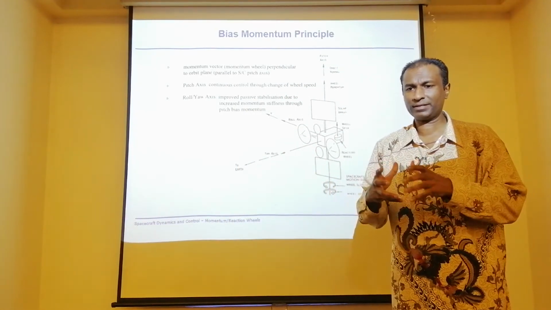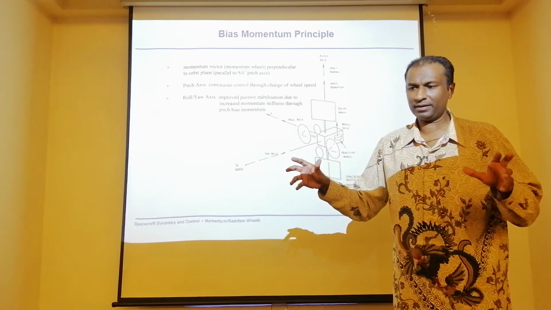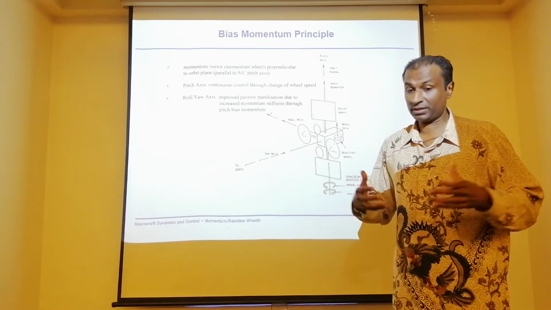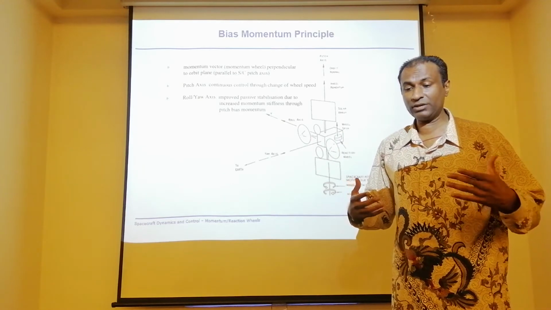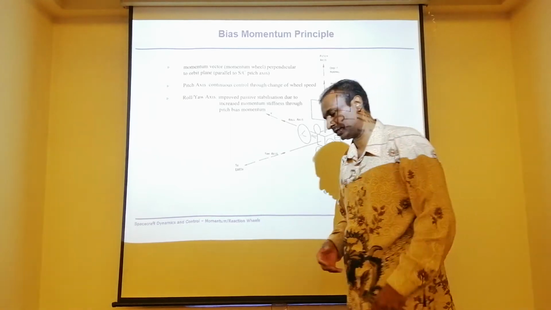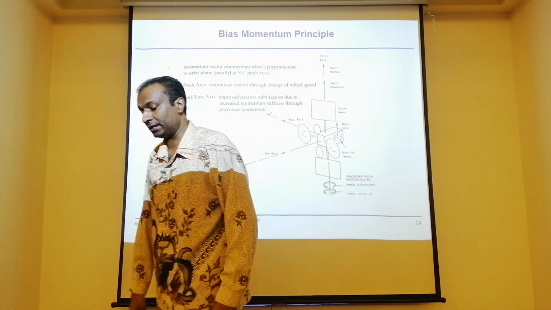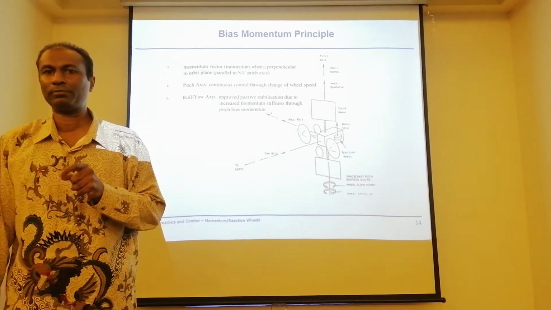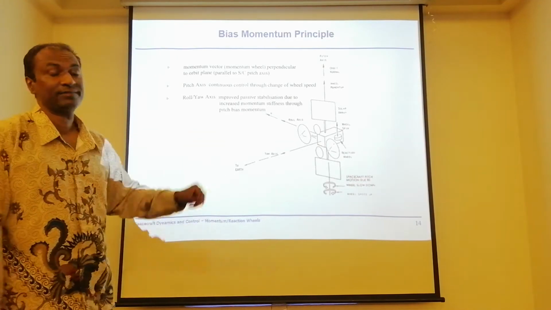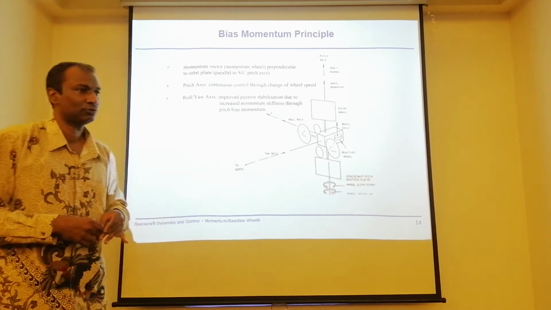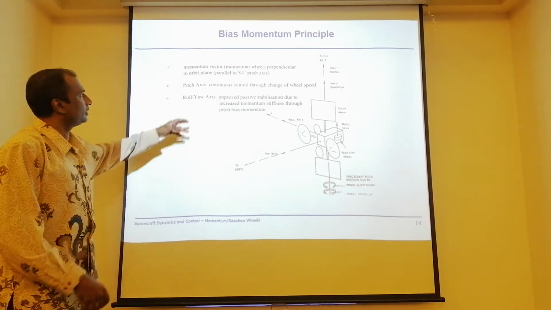If you have a bias momentum principle, with the momentum wheels and in fact with the magnetotorquers, you can achieve quite reasonable pointing accuracy. In fact, the first Malaysian satellite, Tiong-Sat, that you probably remember, actually had this principle. So it's quite interesting for you to know that, so we can discuss this.